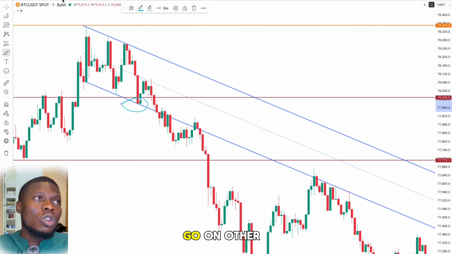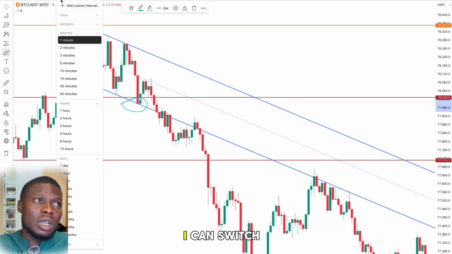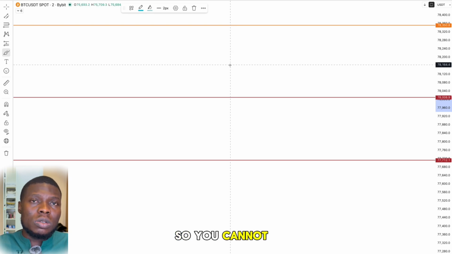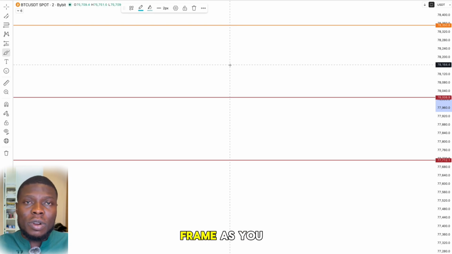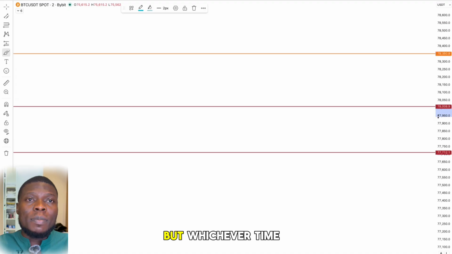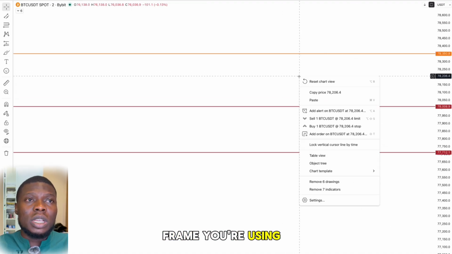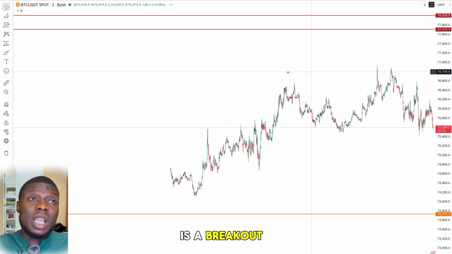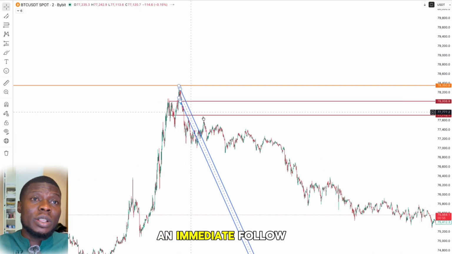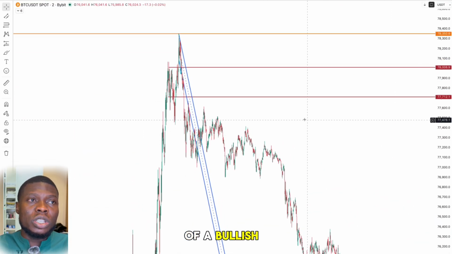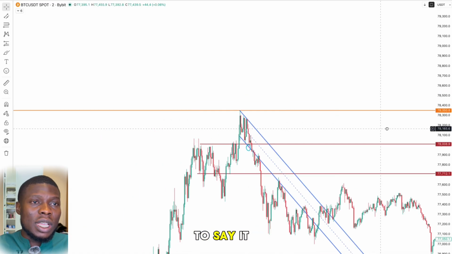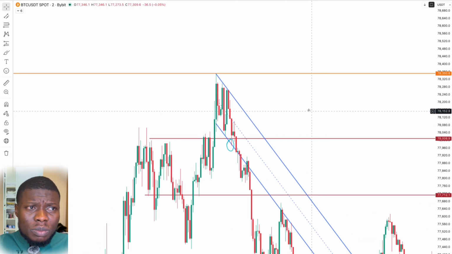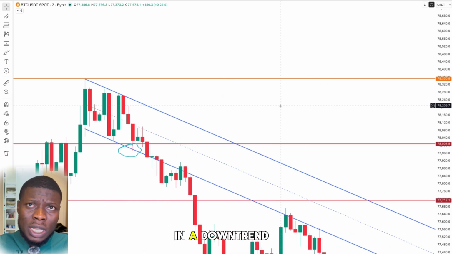So I can go on other time frames. I can switch my time frames again. So you can use as many time frames as you want, but whichever time frame you're using, you should make sure that there is a breakout and there is an immediate follow-up of a bullish candlestick. That is to say, it must be when it's in a downtrend.